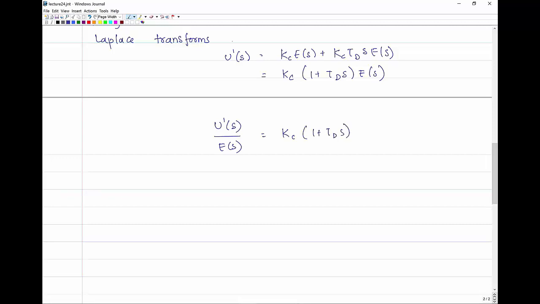It turns out that this transfer function of a PD controller has a numerator order that is greater than the denominator, which means, as we have learned a few times in the past, this is a transfer function that cannot be realized in practice because the numerator order is greater than the denominator order.